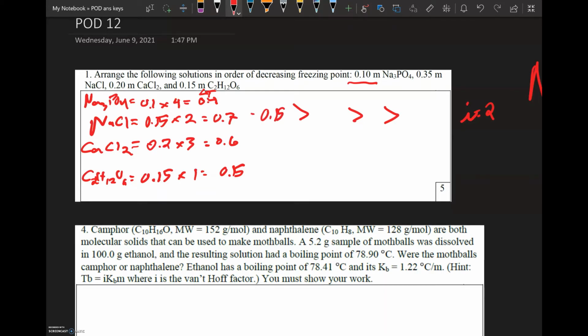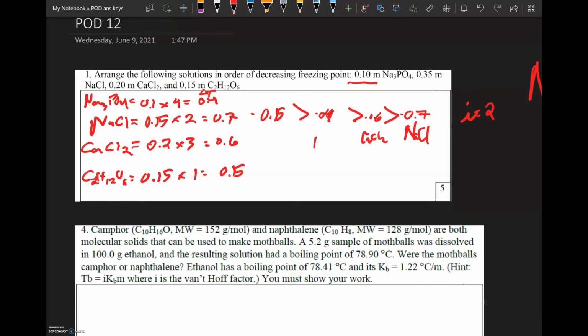In fact, it's going to be negative 0.15, and then you're going to have negative 0.4, and then negative 0.6, and then negative 0.7. So NaCl is going to have the lowest freezing point, and then you're going to have CaCl2.